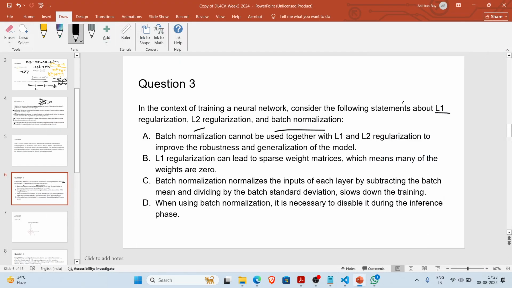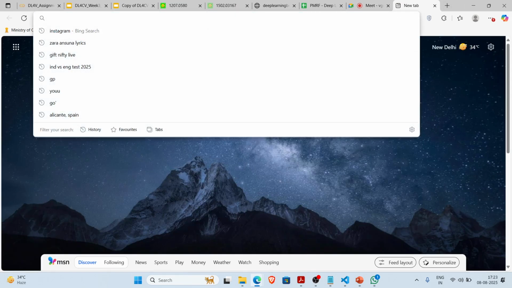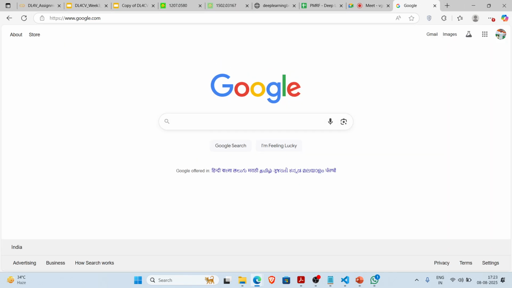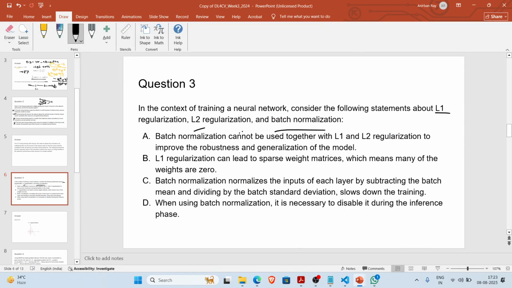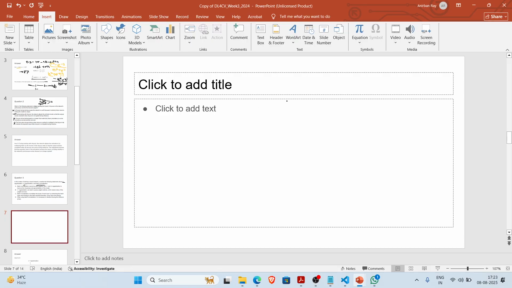So to show what is L1 L2 regularization, okay, let me write it down. So in L1 regularization, what you're doing is that you're given this loss function L of theta, okay? Theta is a parameter here.